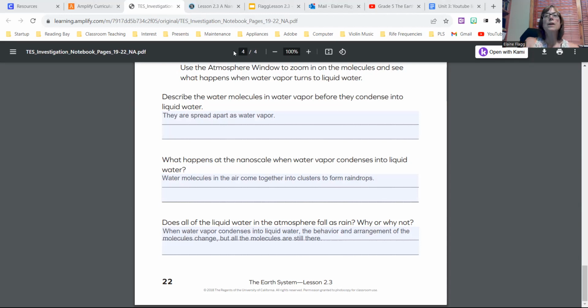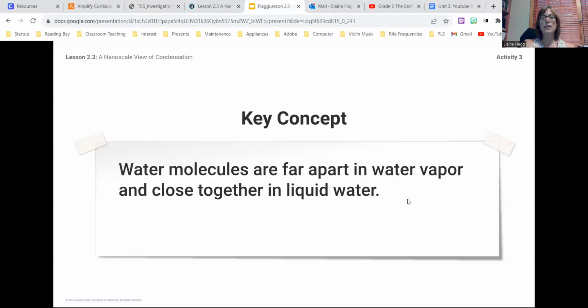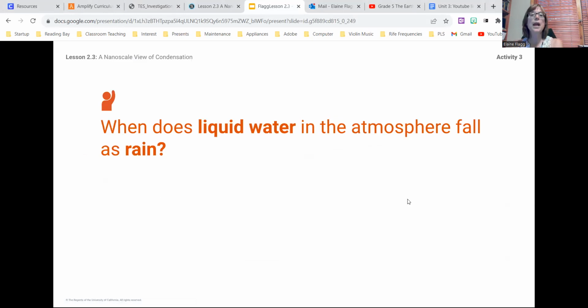Okay, so now let's continue on with our lesson. Key concept. So we know now that water molecules are farther apart in water vapor and then close together in liquid water. And it says, when does liquid water in the atmosphere fall as rain? So think about that question a little bit, and we're going to talk a little bit more about that.